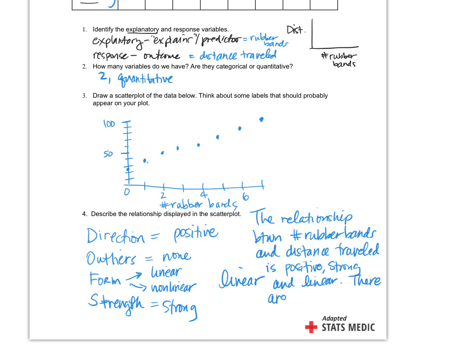There are no outliers apparent. Not to say there couldn't be, but based on this set of data, there's not any.